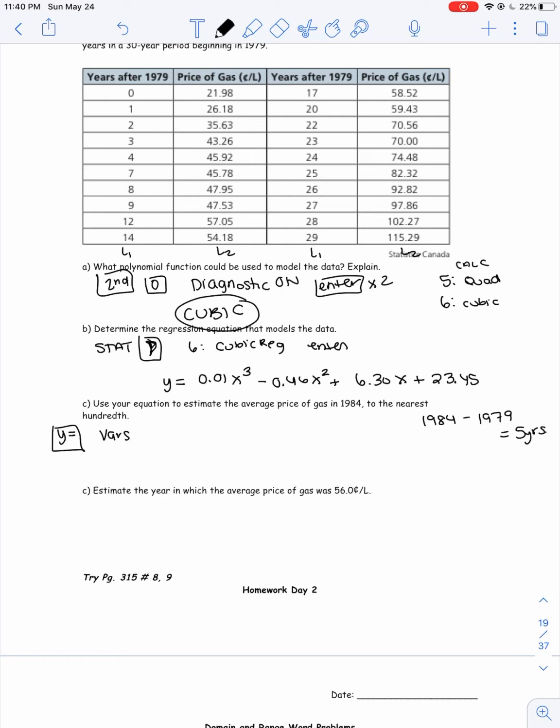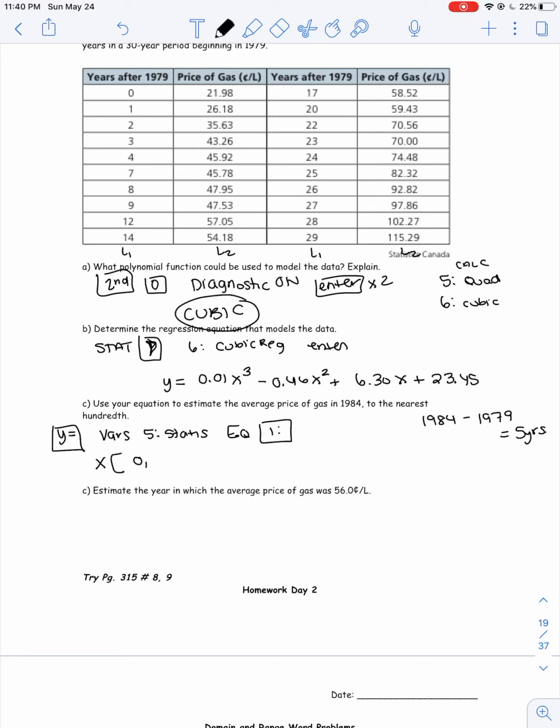Then you're going to do the vars button, number 5 for statistics, once you've pressed 5, go to equation at the top and then press number 1. So what that does is it copies and pastes that equation that we got for B into the y equals.